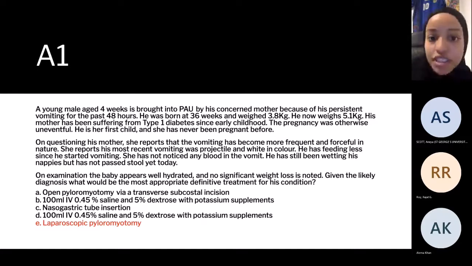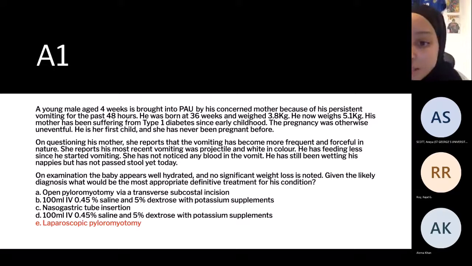The mother says that he's been vomiting more frequently and forcefully, and more recently it's been quite projectile. He's been feeding less, but luckily there's no blood in the vomit. He's still been wetting his nappies, but he's not passed any stool yet today. He's well hydrated.